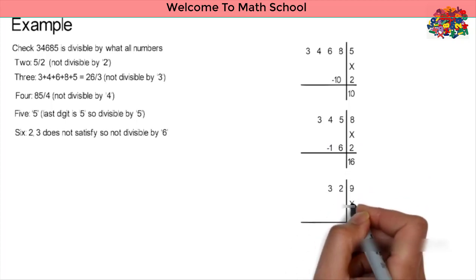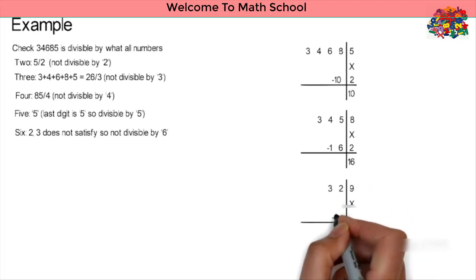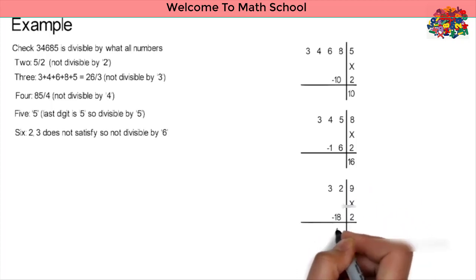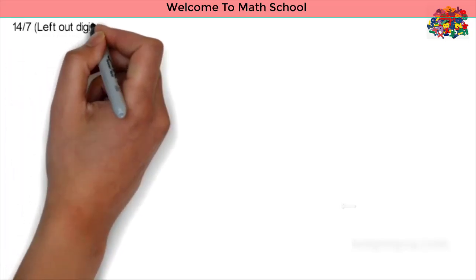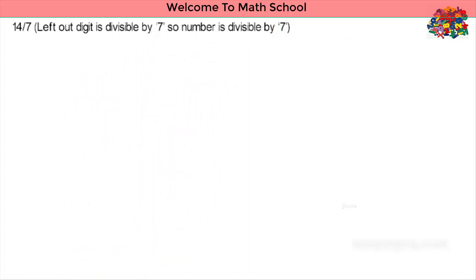Subtract 16 from the previous number, so it will be 329. Again double the last digit, 9 times 2 is 18, and subtract 18 from 32, so it will be 14. So the leftover number is 14. Is 14 divisible by 7? Yes, so the total number is divisible by 7.